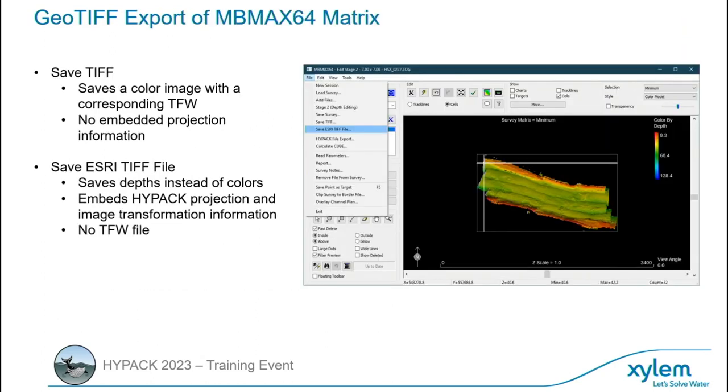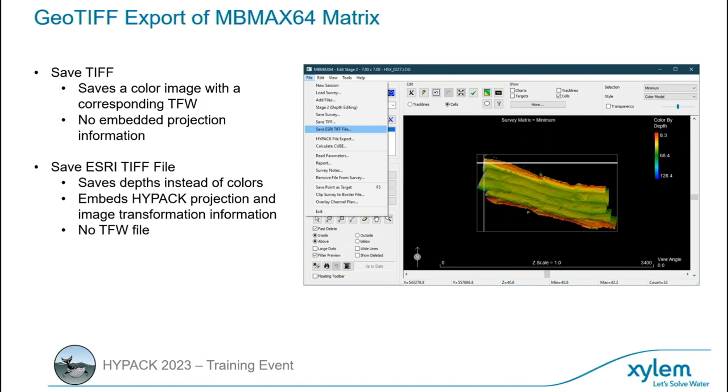So there's a couple places that we export the GeoTIFFs. I guess we'll talk about MBMax64 first. If you're not familiar with MBMax64, the way that you set it up is that there's a matrix in the background, right? And you have multiple points in each of the cells. That translates pretty well to coming out as an image file.